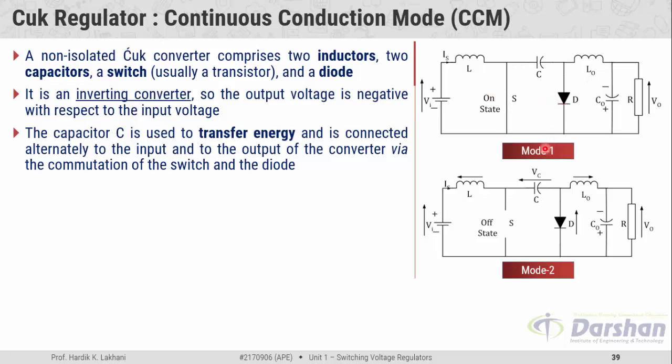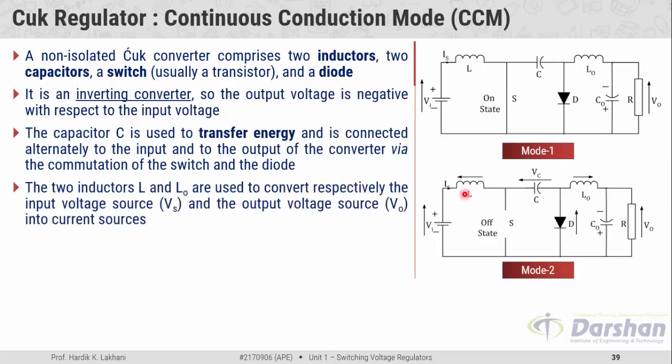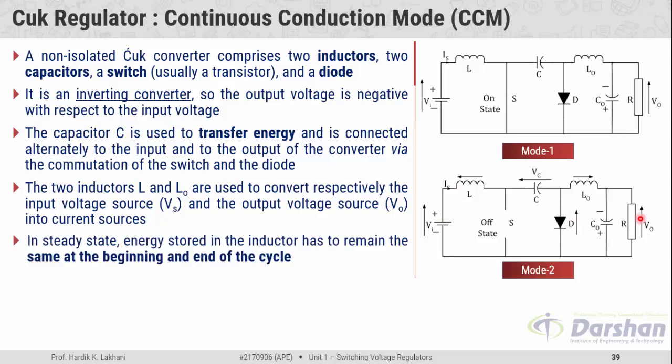Right here you can see that during mode 1, by turning on the switch, this capacitor is connected to the inductor L0, and during the second interval, by turning off the switch and making this diode on, this capacitor gets connected to inductor L. The two inductors L and L0 are used to convert respectively the input voltage source and the output voltage source into current sources.